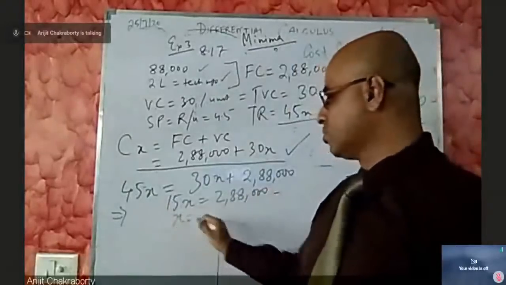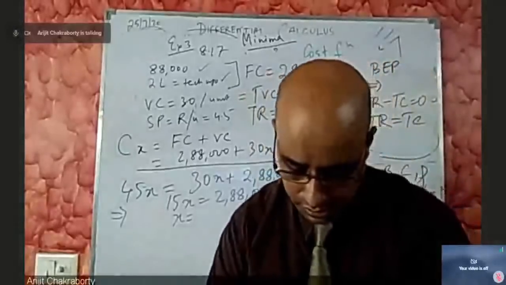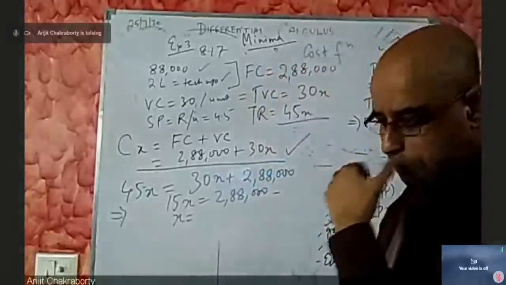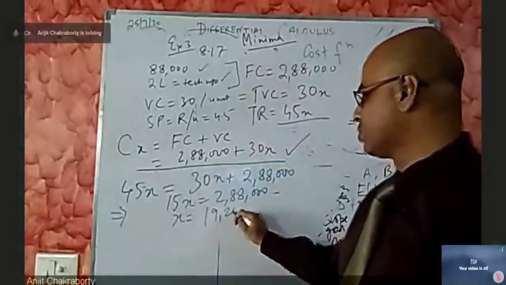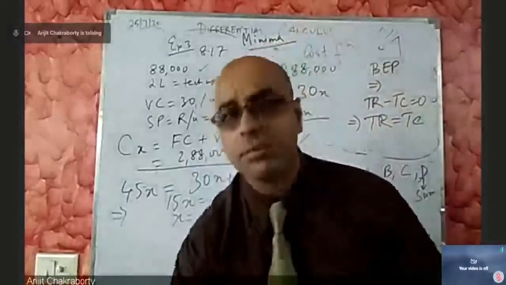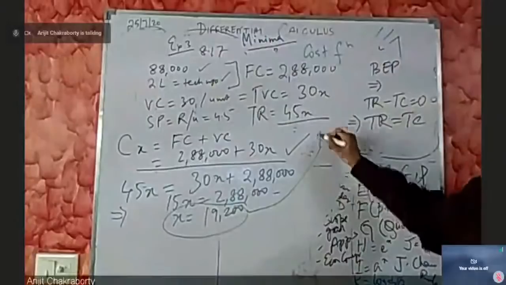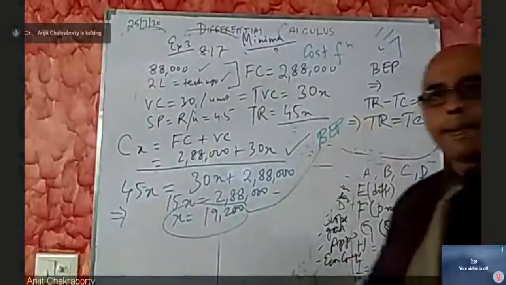So x, if you calculate quickly, comes to 19,200. So this x equal to 19,200, which you see here, is the break-even point, BEP.